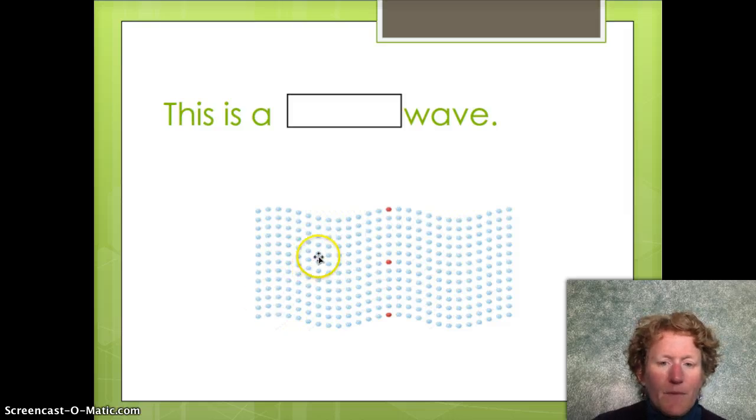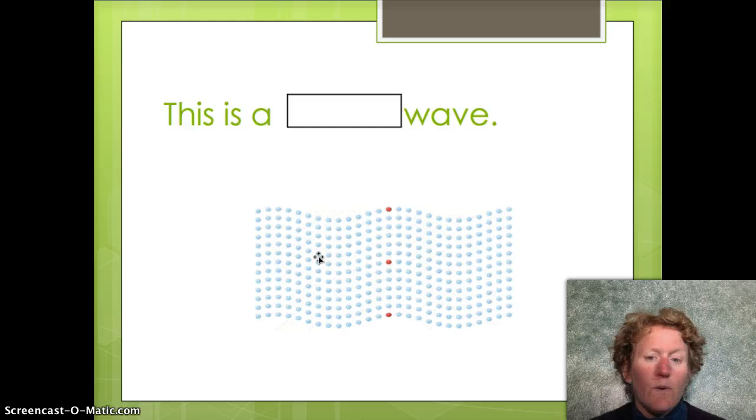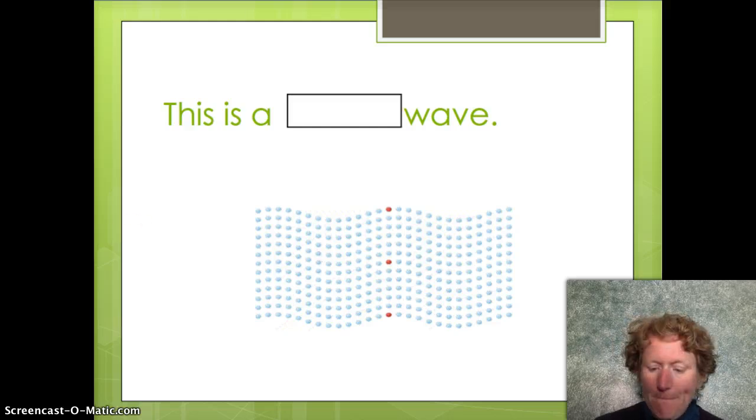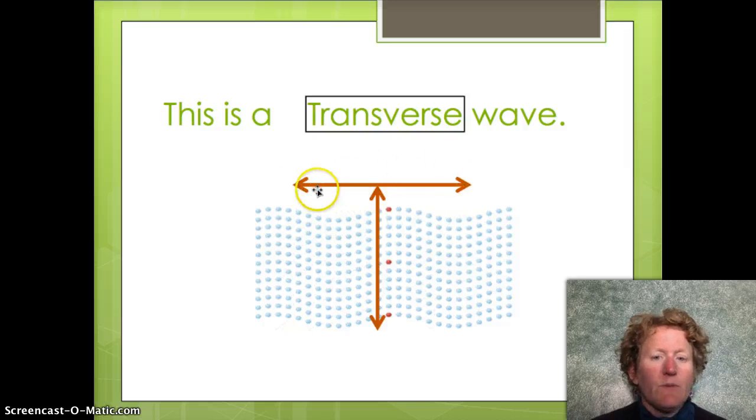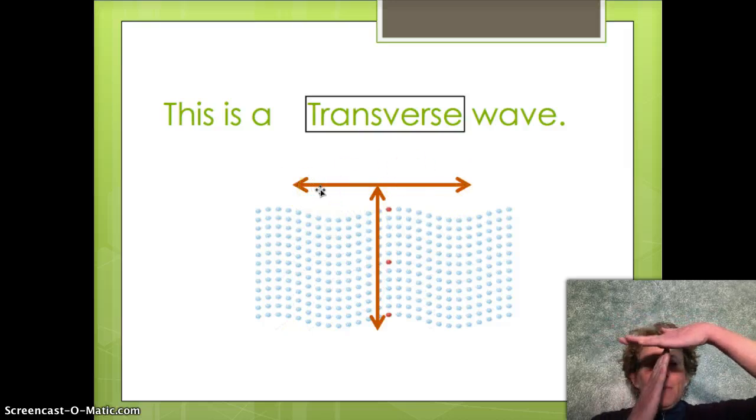This is either a transverse or a longitudinal wave, and see if you can guess. If you have a hard time remembering, transverse waves, the particles move up and down, where the wave is moving in a perpendicular direction. So if you remember that perpendicular makes a T for transverse.